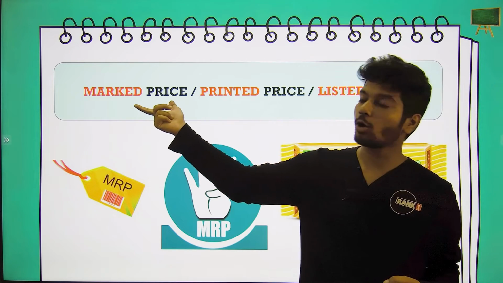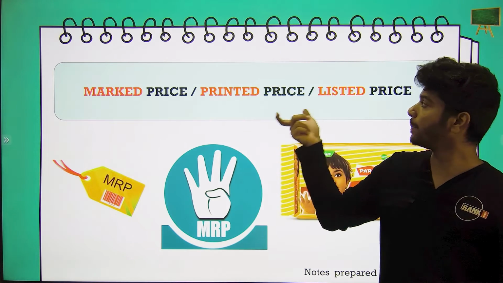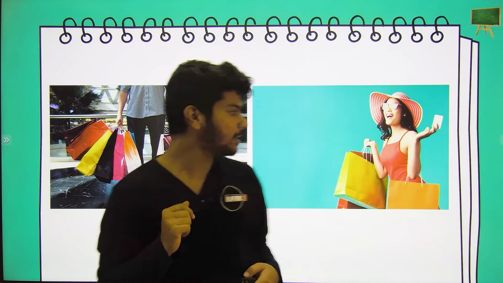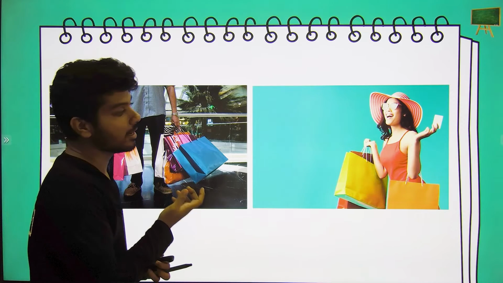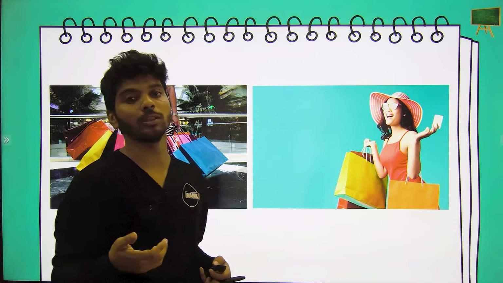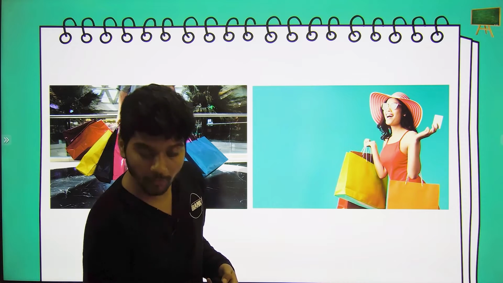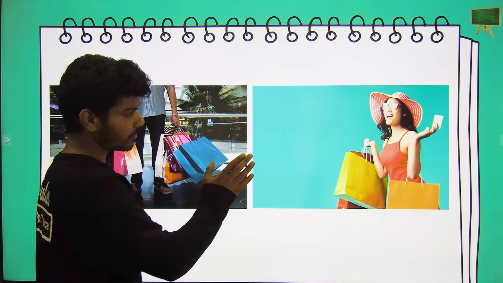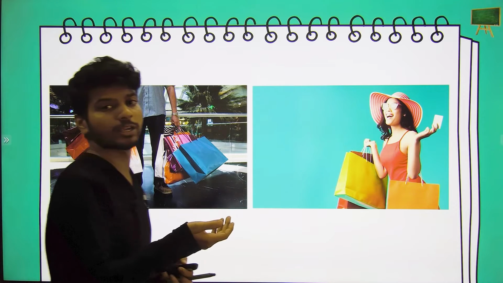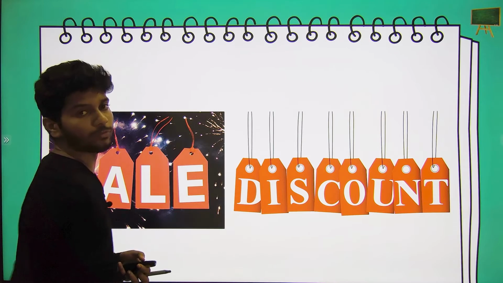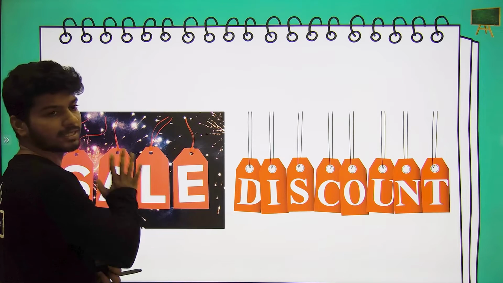People will purchase goods only when a discount is offered on the marked price. Always remember the discount is offered when there is a special occasion like Diwali, Holi, or a sale going on.